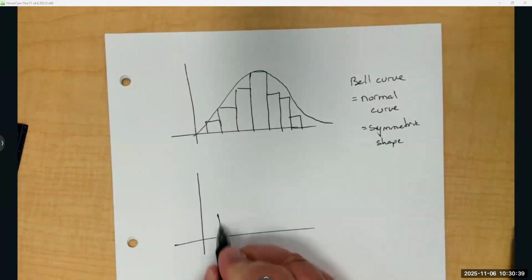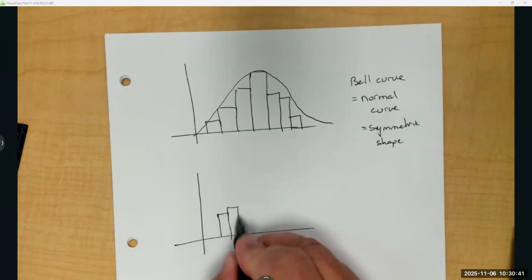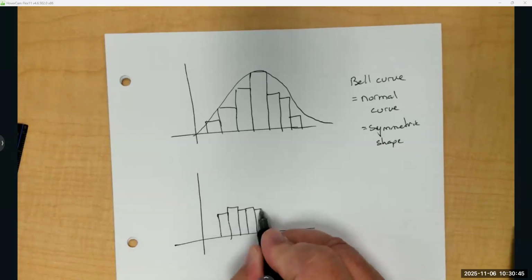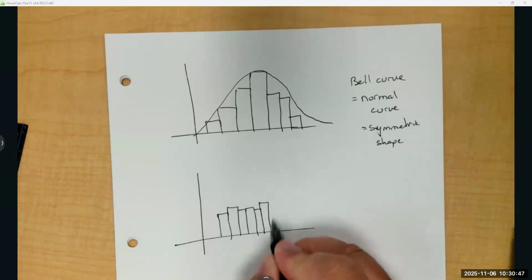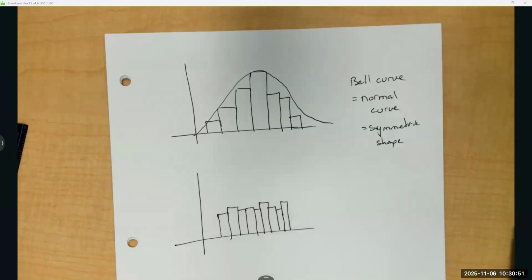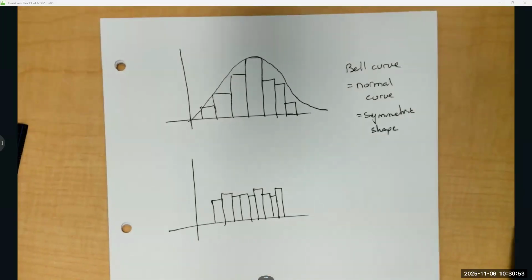What if your data looked like this? You could call it a plateau. It looks like a table. Very good.